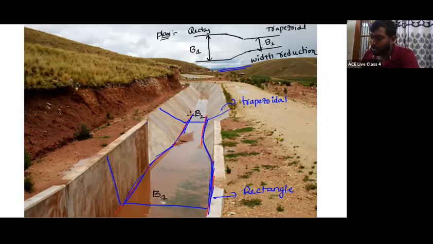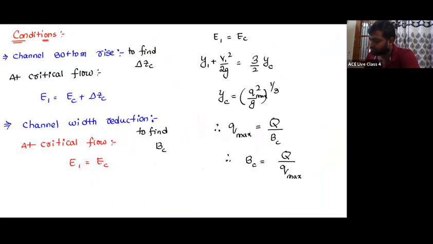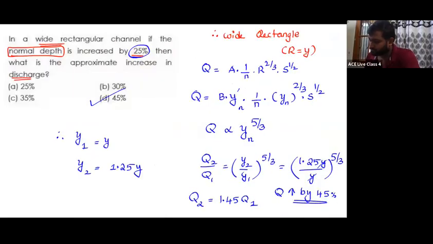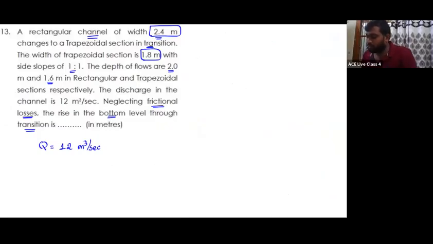The width of the rectangular channel is 2.4 meters, and the width of the trapezoidal channel is 1.8 meters. It has a side slope of one vertical to m horizontal, that is 1:1. There are water levels in the rectangle and the trapezoid, and what channel bottom rise is required?